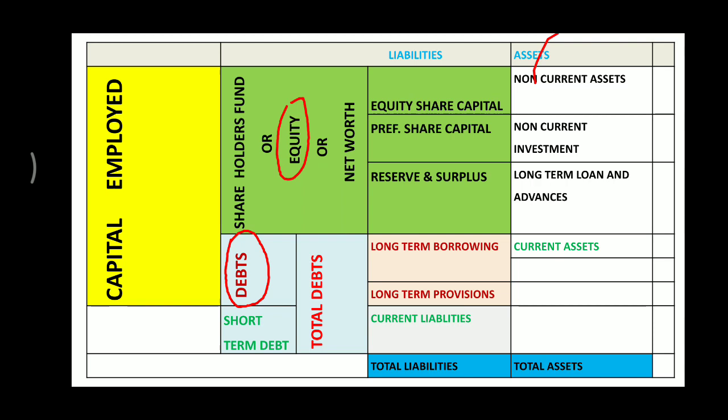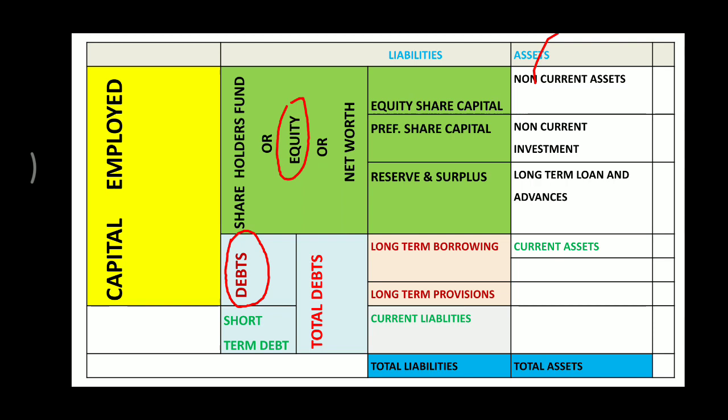And the addition of debts and short term debts is known as total debts, because sometimes in the question it is given as total debts, and we get confused that total debts means total liabilities, but it is not like that. Total debts and total liabilities are totally different. Total debt simply means the addition of debts and short term debts.